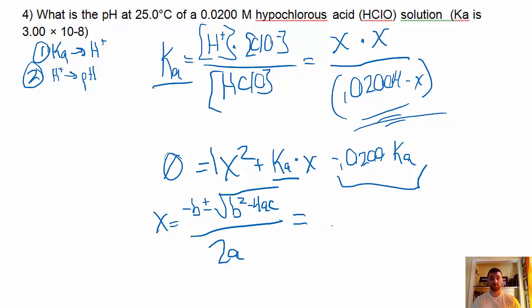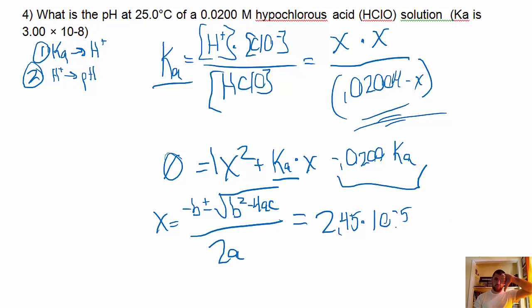You're going to get two answers, but only one X makes sense. Usually it's the positive value, because you can't have a negative concentration, right? So we solve for X. I lost my spot. We get X equals 2.45 times 10 to the minus 5.